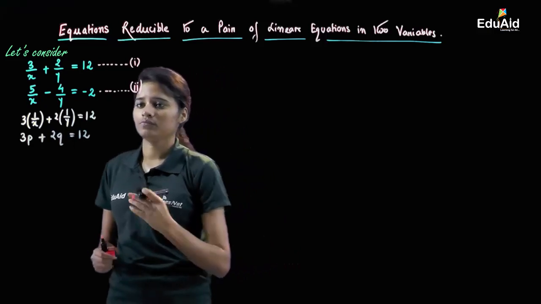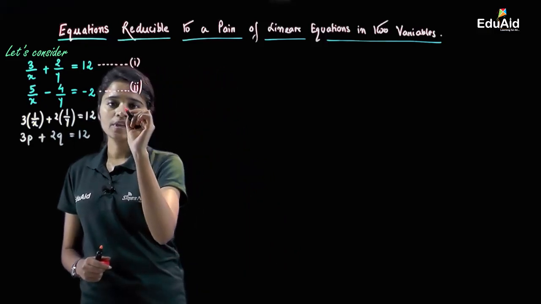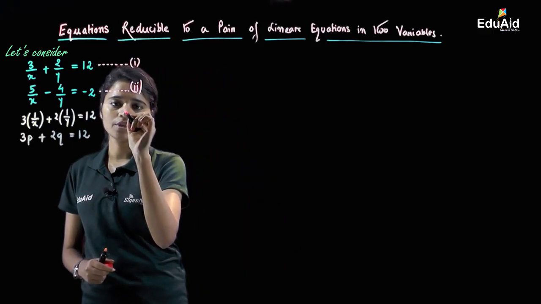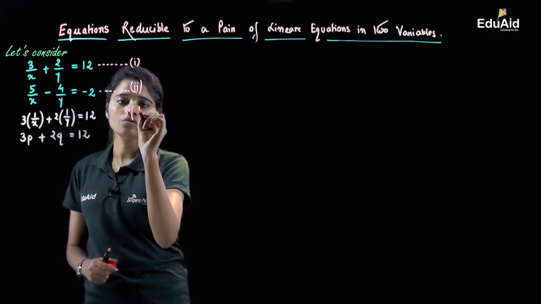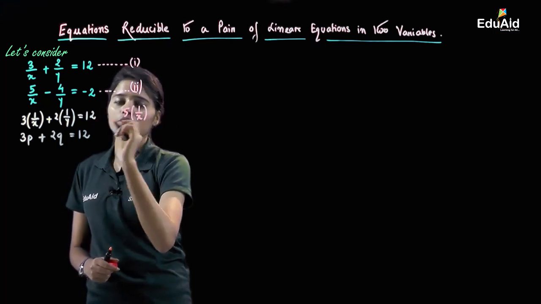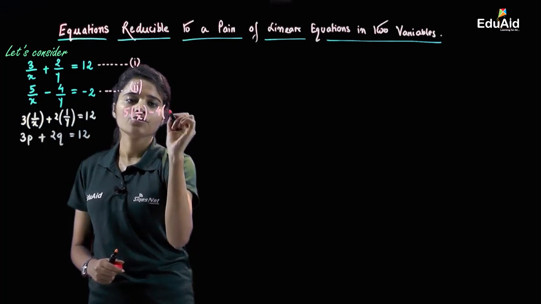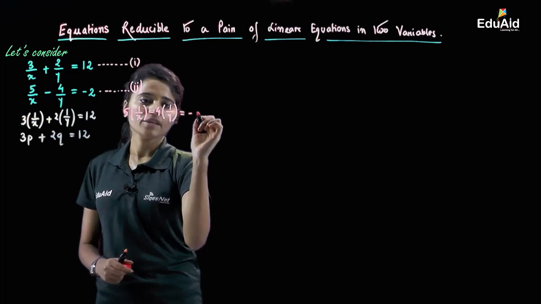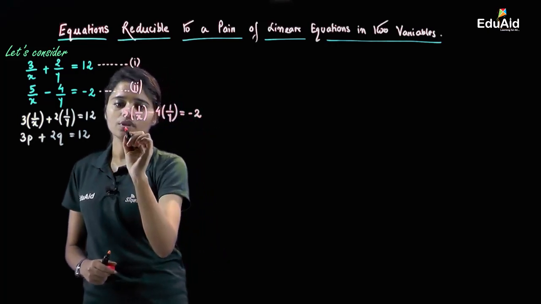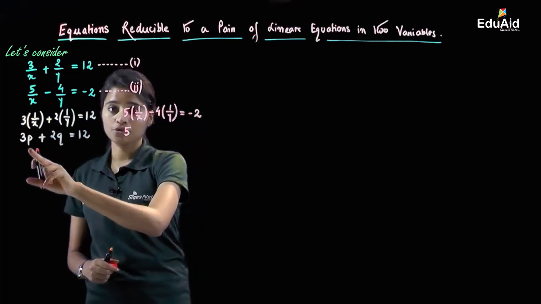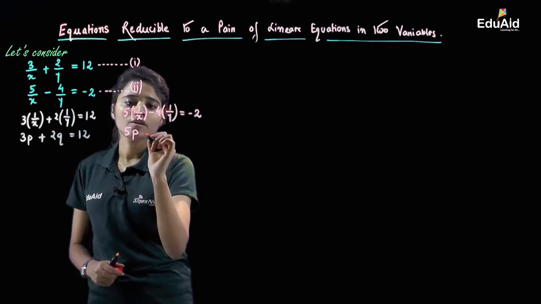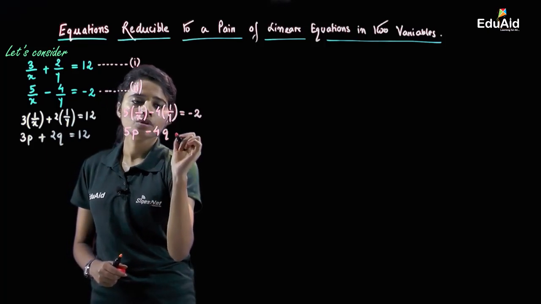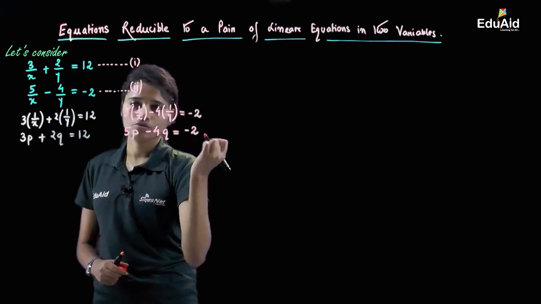Next, the second equation can be written as 5 into 1 by x, minus 4 into 1 by y, is equal to minus 2. So this can be written as, where 1 by x is substituted by p, 5p minus 4q is equal to minus 2.